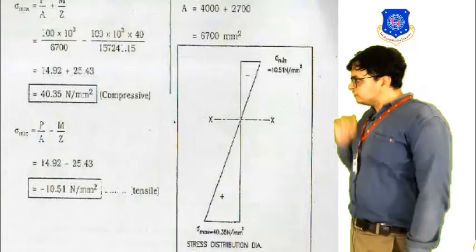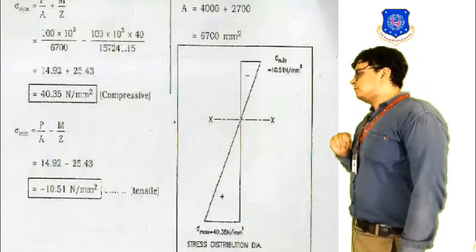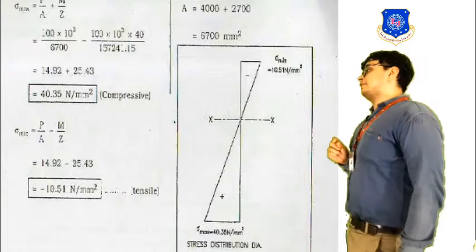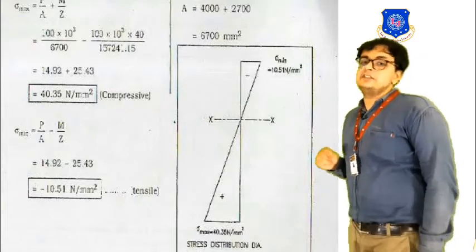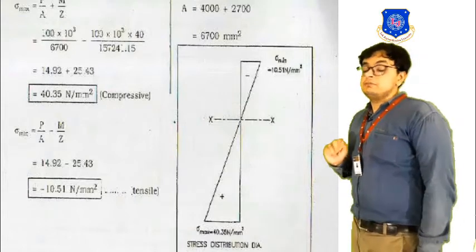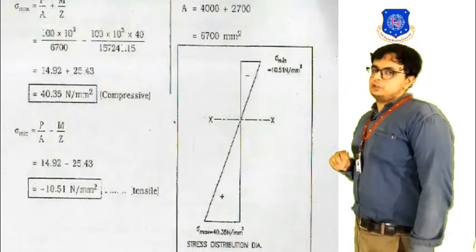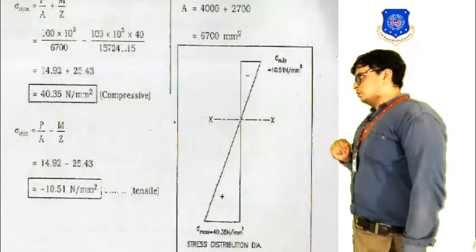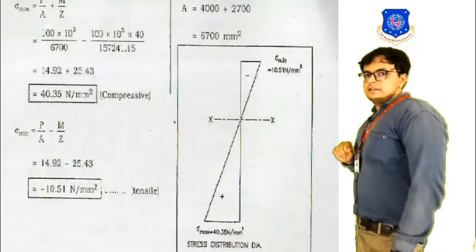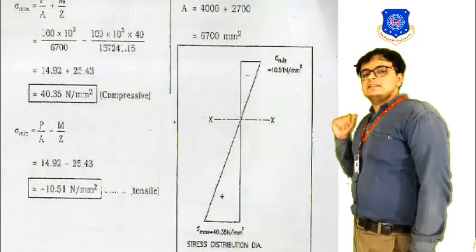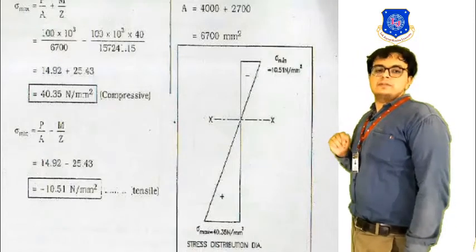Okay, you can see over here that our minimum stress value is negative, and if the sign is negative, then we will be considering it as tension. Okay, so we can say that sigma minimum is 10.5.